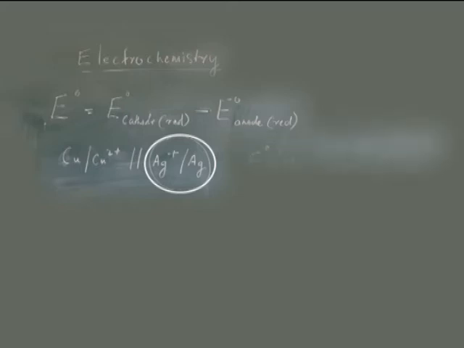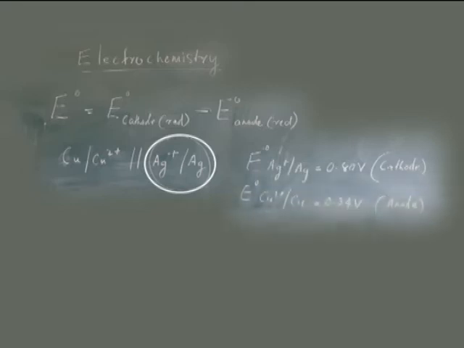E naught silver equals 0.80 volt, which is given in the question, and E naught copper, the reduction potential value of copper, equals 0.34 volt. Let's substitute this in the equation. Silver is the cathode here, so we take the value of silver first.